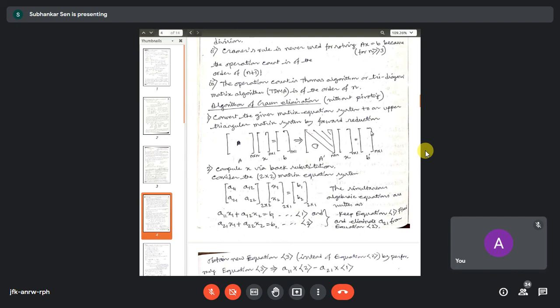Now if you look into this matrix system, it is very easy to solve. You can calculate from the back side. The vector is written as x1, x2, x3, x4 up to xn.